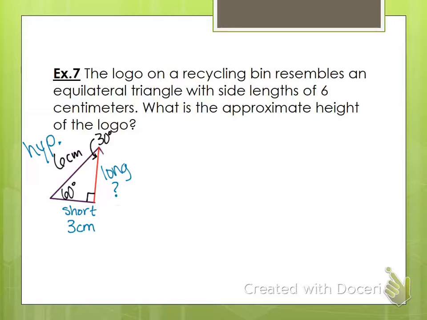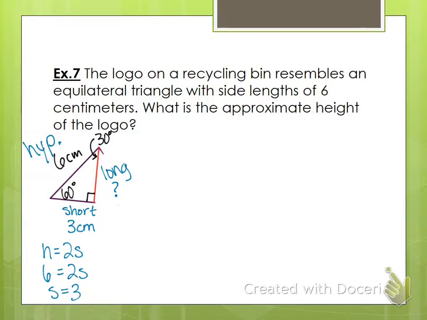Okay, now if you didn't remember the whole perpendicular bisector part of this, then you could have used that the hypotenuse is equal to 2 times the short side. Our hypotenuse was 6, so 6 equals 2 times the short side. That means our short side had to be 3.